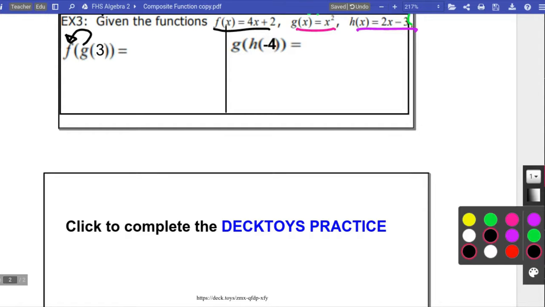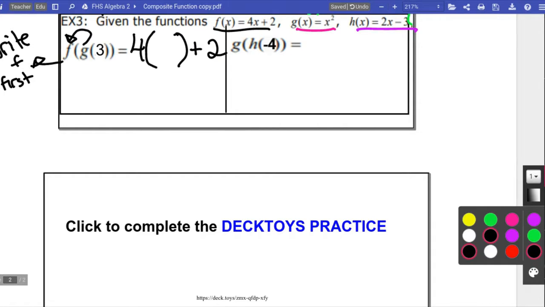So you need to start by writing f first. Write the first letter first, depending on what's out there first. So 4, open the room, plus 2. Make room for g to go in.